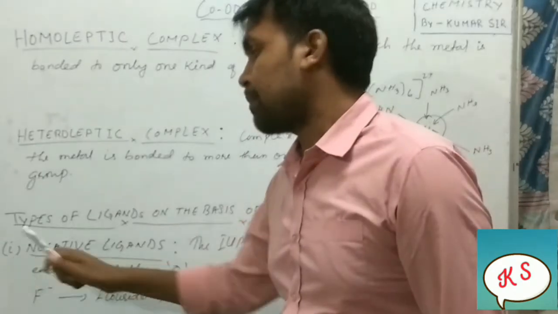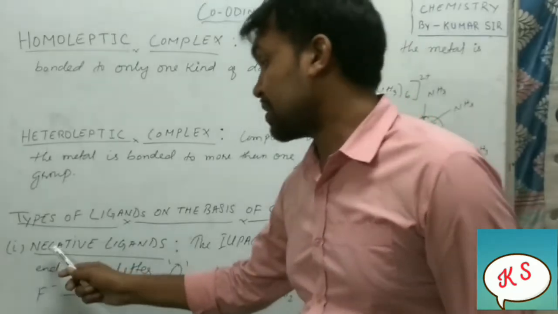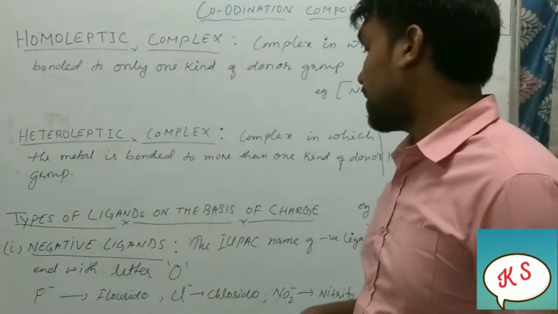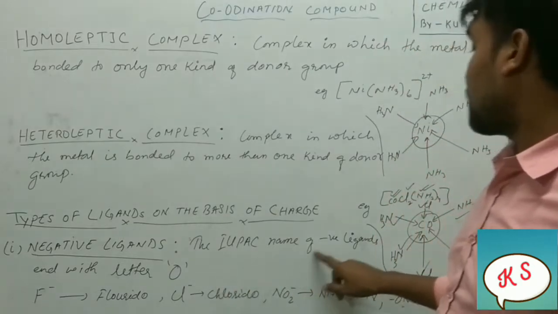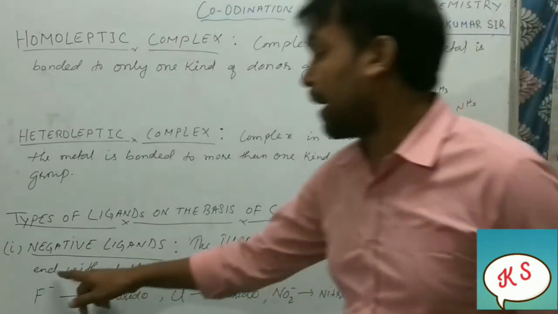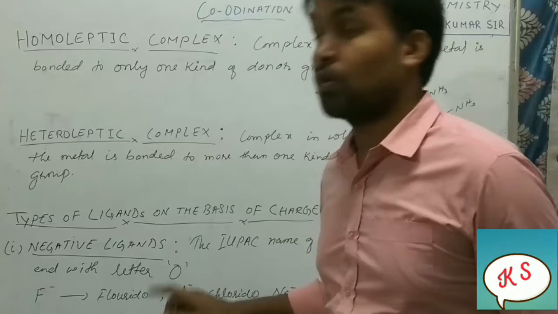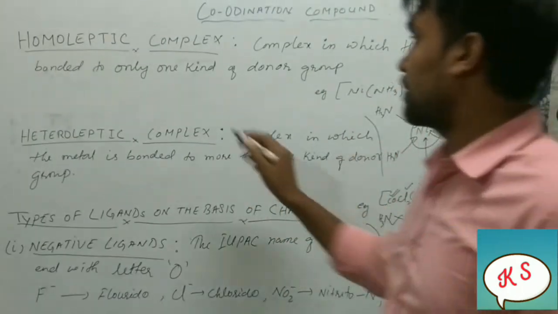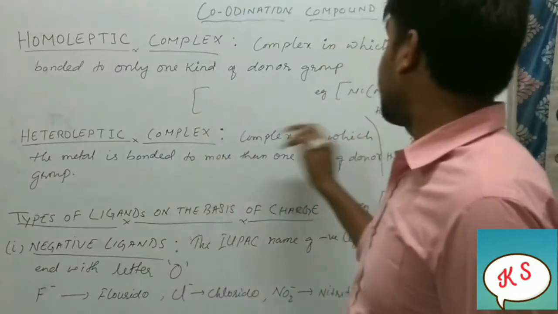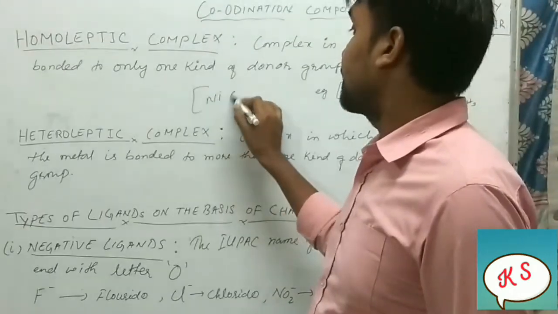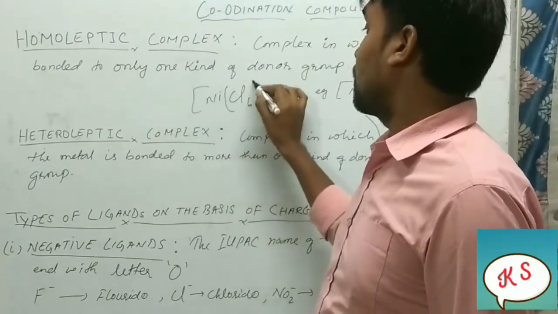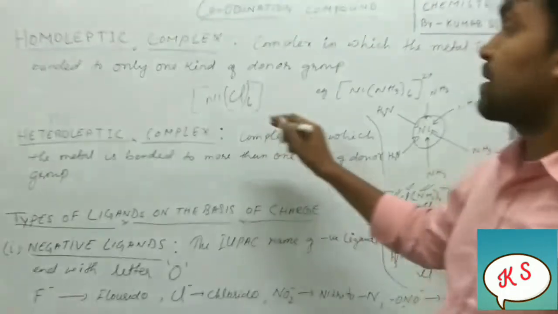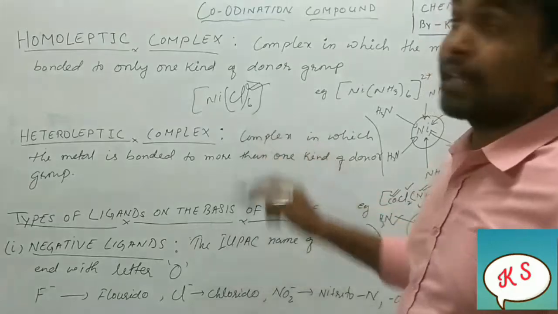So the first type of ligands we are going to discuss is negative ligands. The IUPAC name of the negative ligands ends with the letter O. For example, [NiCl₆]. This Cl is a negative ligand.